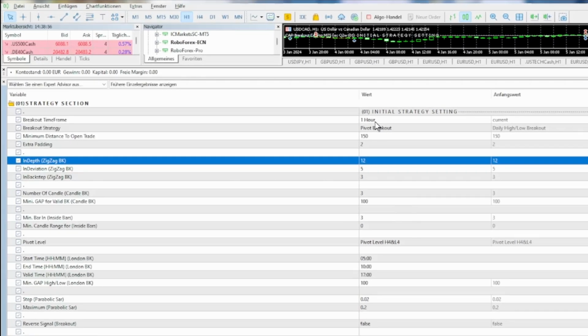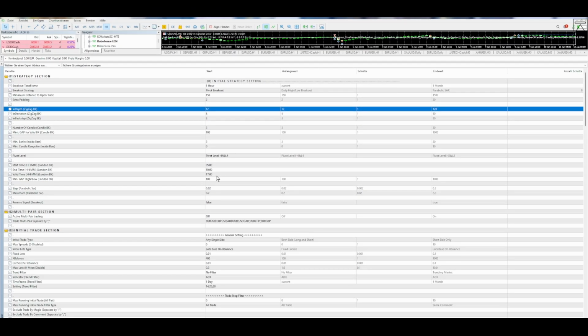Because, of course, I wanted to test the best strategy. Then I set it to 1 hour. You don't necessarily have to do that if you already have an hour set up. I've entered it again anyway, and that's actually all I've entered here for the standard settings. I think I've found a few more good settings. In the meantime, I'd like to share them with you in a new video if you're interested in the topic. Otherwise, I'll keep them to myself, of course.